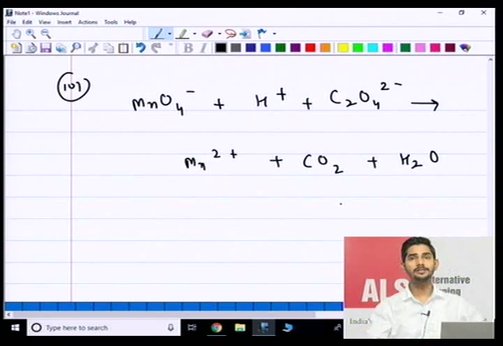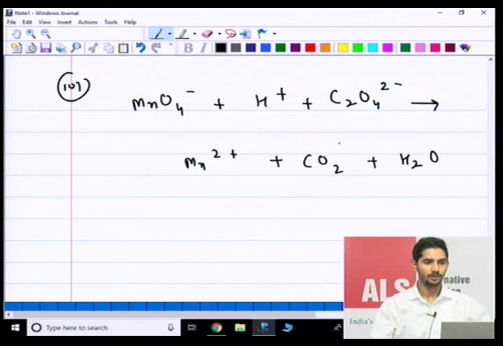Guys, in this particular question, you can use that method that I have discussed with you. Calculate its n factor, which should be 5, and its n factor should be 2. So just cross multiply.